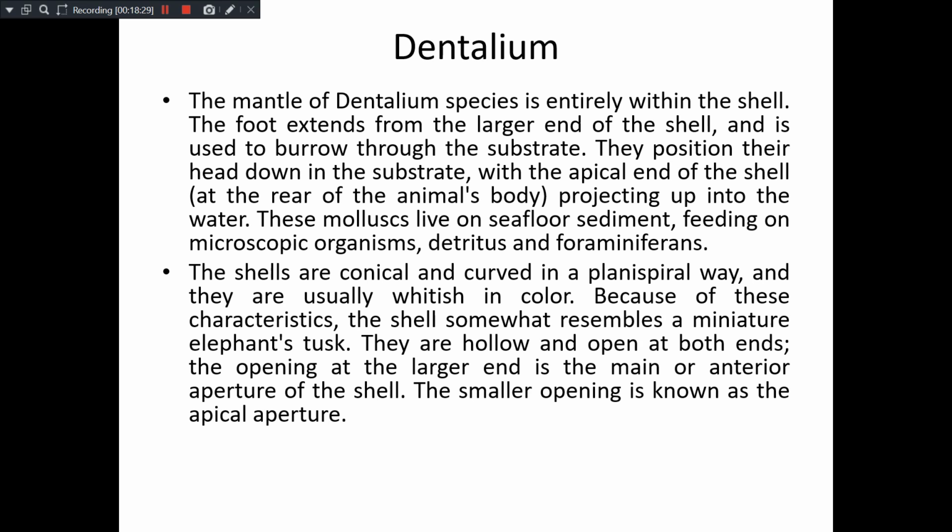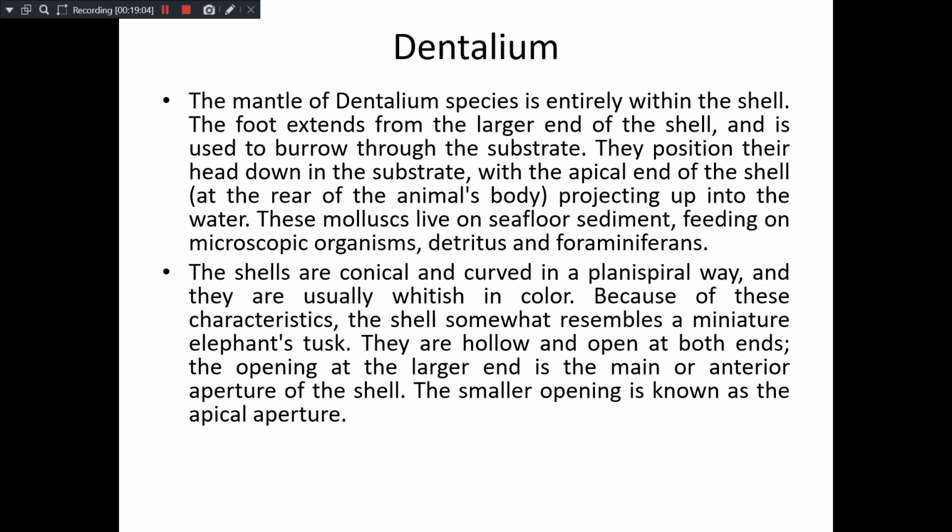The mantle of this Dentalium species is entirely within the shell. Only the foot extends from the larger end of the shell, and that foot is used for burrowing through the mud and sand. The position of their head is also downwards, with the apical end or the posterior end of the shell, which is open, projecting up into the water.